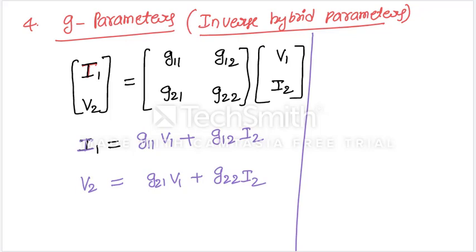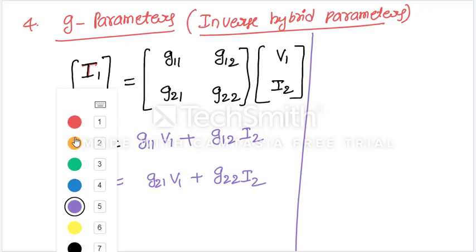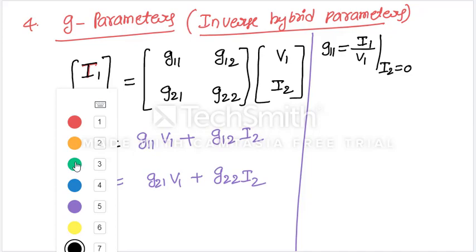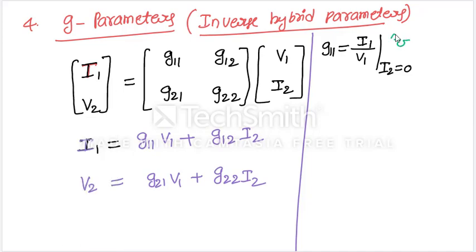Now let us take these parameters one by one. This is G11. How do we get G11? G11 is I1 by V1 when I2 equals 0. What are the units? Mho.